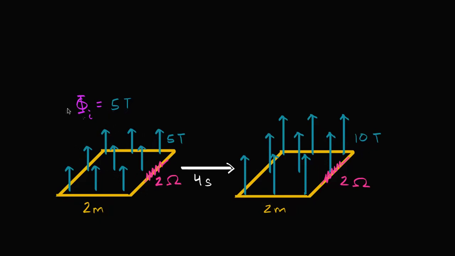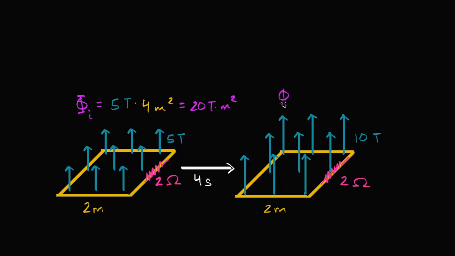So 5 teslas times the area of the surface. So times 2 meters times 2 meters is 4 square meters. So that is going to be equal to 20 Tesla meters squared. Fair enough. Now what's the final flux?